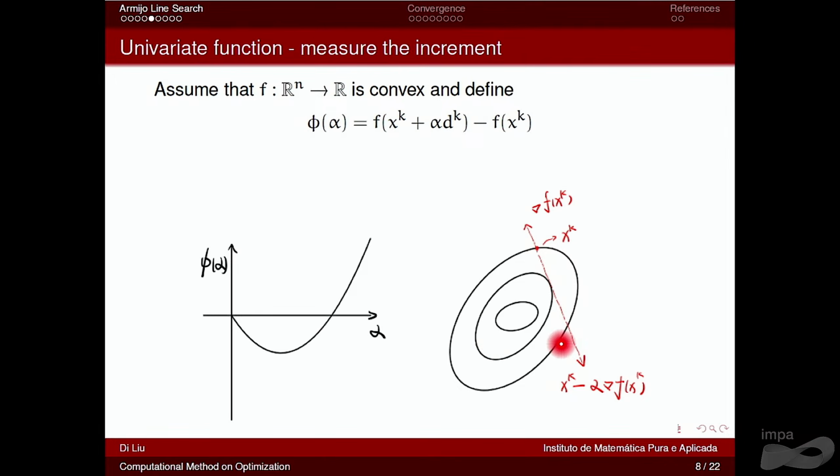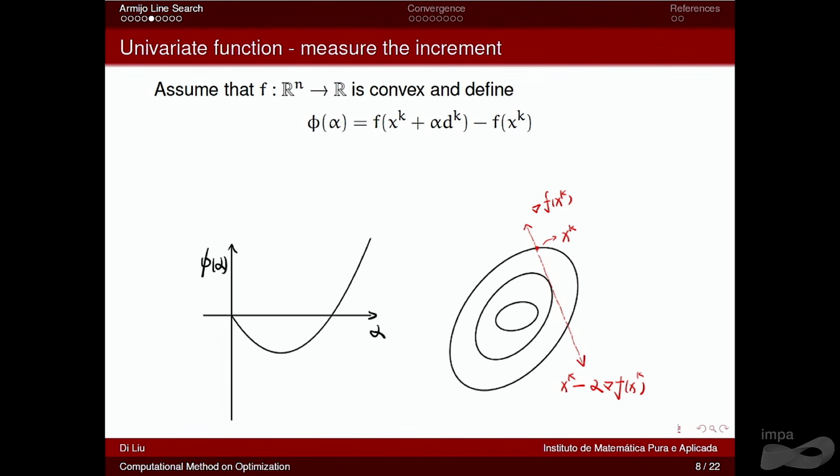And from this point, if you go along the direction of the negative gradient, your function value will increase, even greater than the value at xk. So this also means that even if you choose a descent direction, here the negative gradient, which we sometimes call the steepest descent because it decreases very fast, if you choose an improper step size alpha, perhaps you will reach some point here.